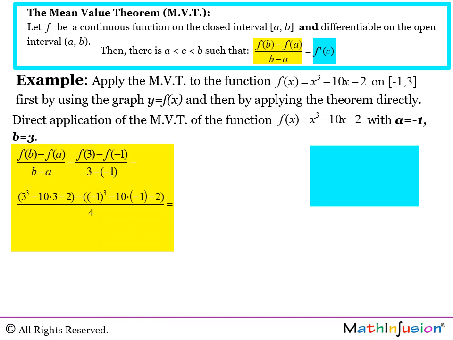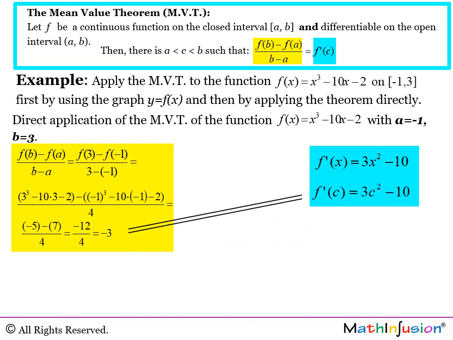We have this. And we get -12 over 4, which is -3. And this should be equal to f prime of c. So we differentiate the function and substitute c and solve for c.